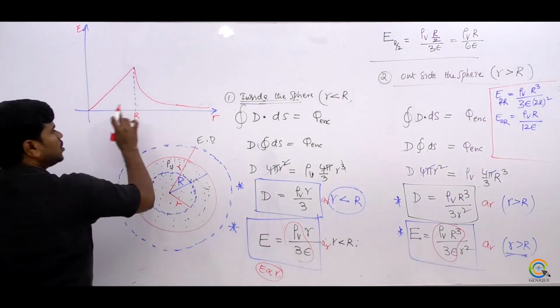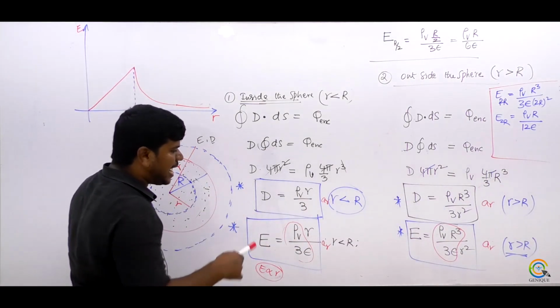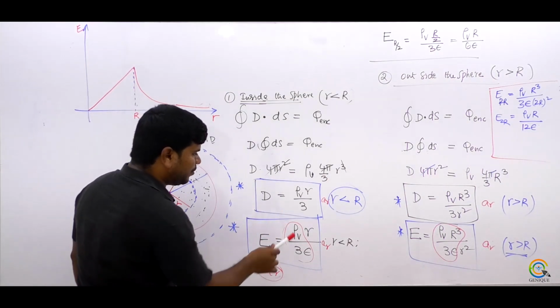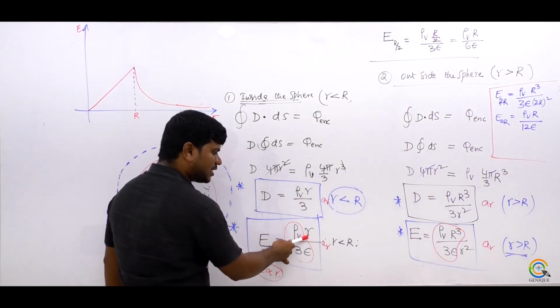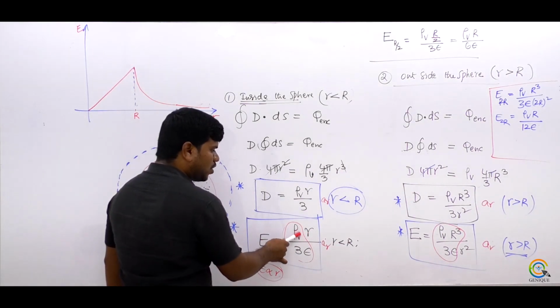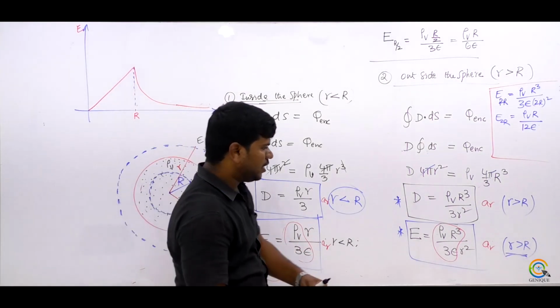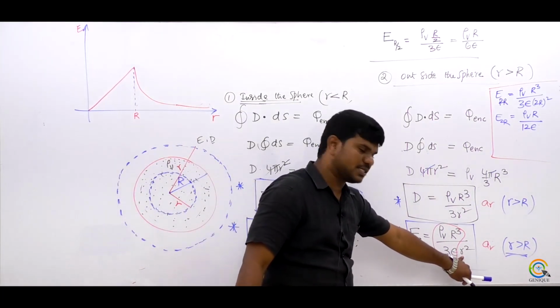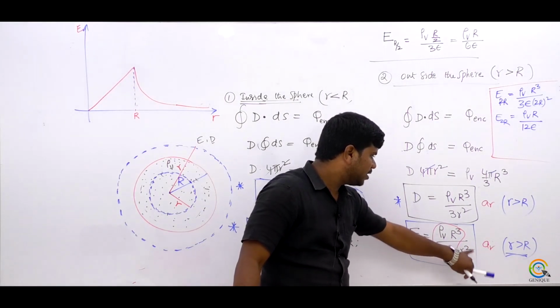At r equals capital R, what's happening? If you put r equals capital R, it will be rho v into R divided by 3 epsilon. From the second expression, rho v R cube divided by 3 epsilon R square gives rho v R divided by 3 epsilon.